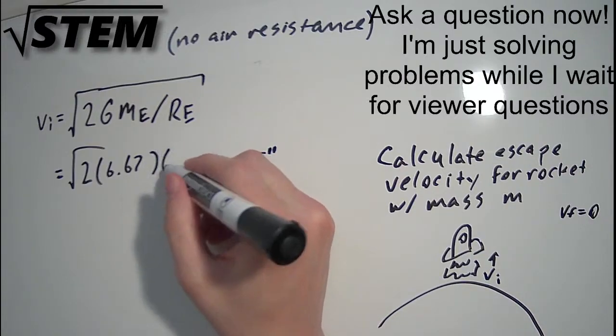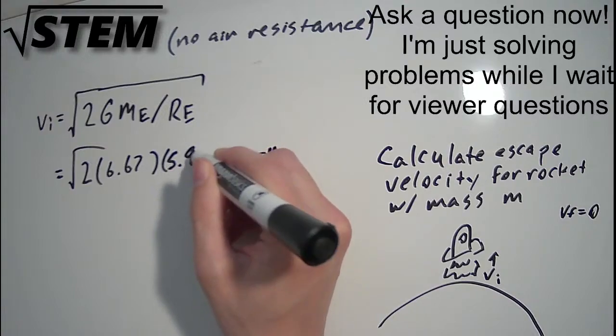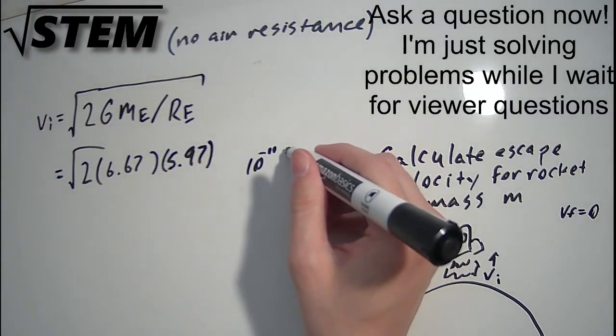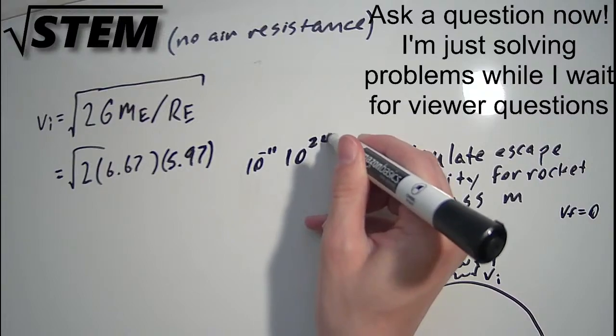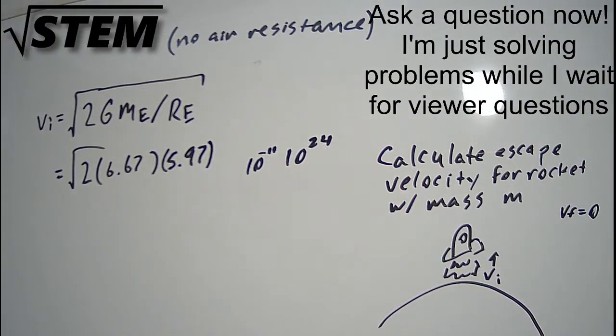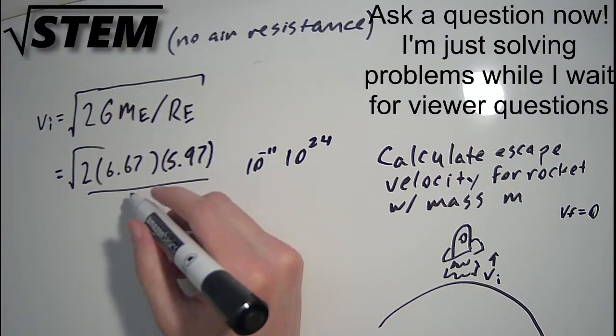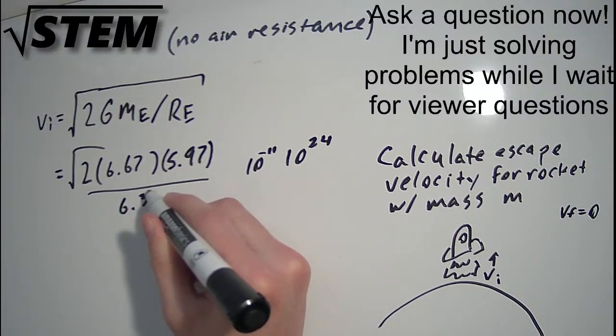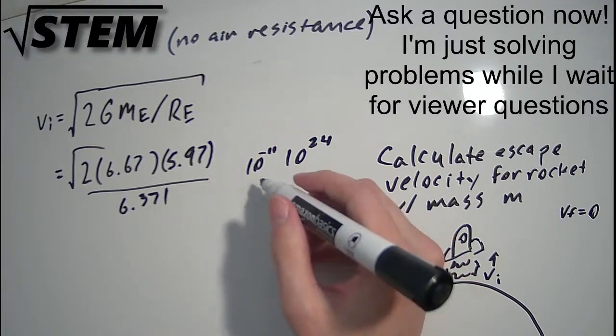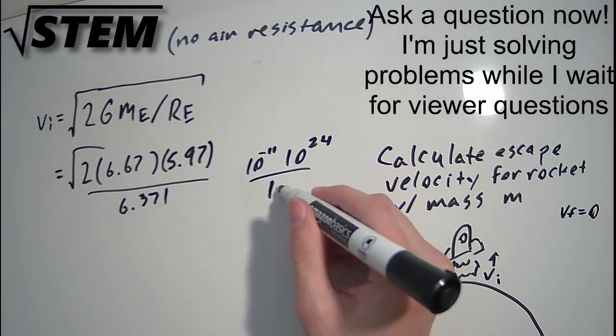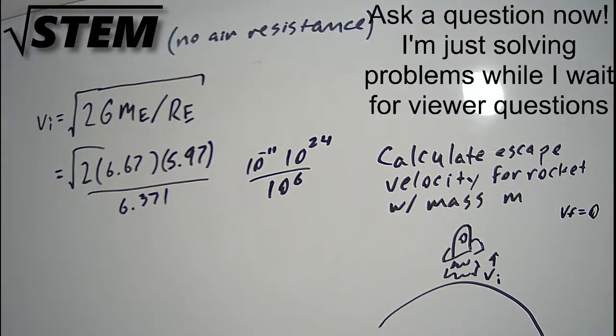For the mass of the Earth, we'll have 5.97 times 10 to the 24. And for the radius of the Earth, we'll have 6.371 times 10 to the 6th meters.